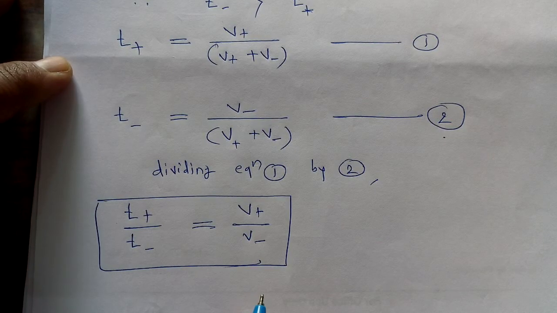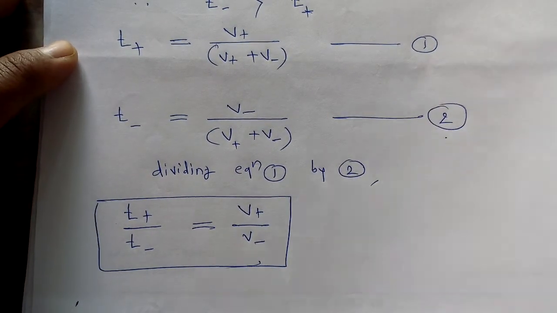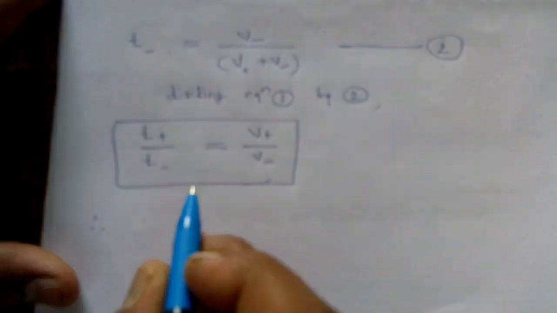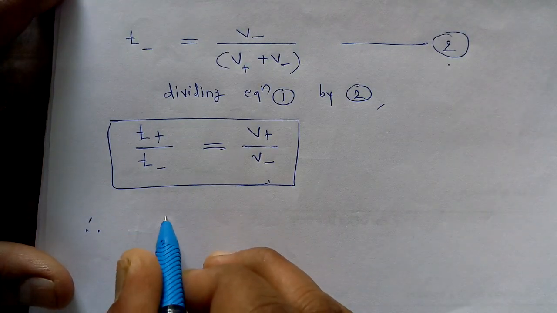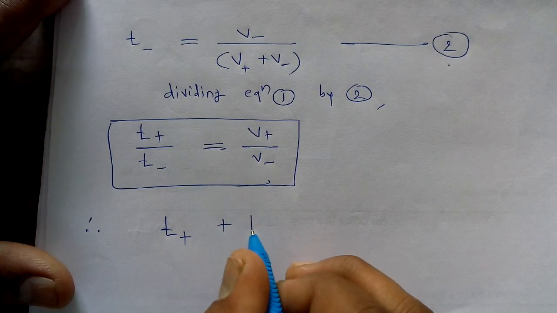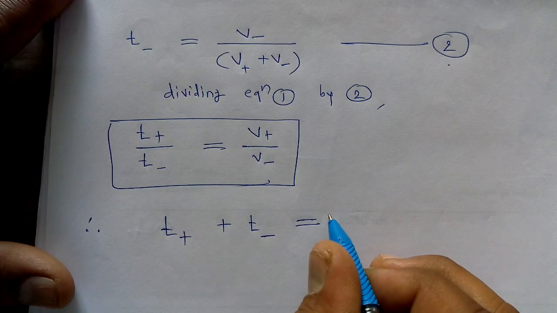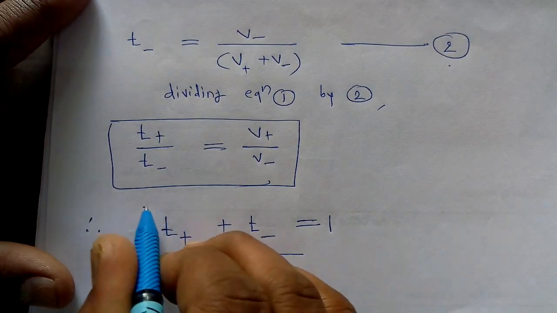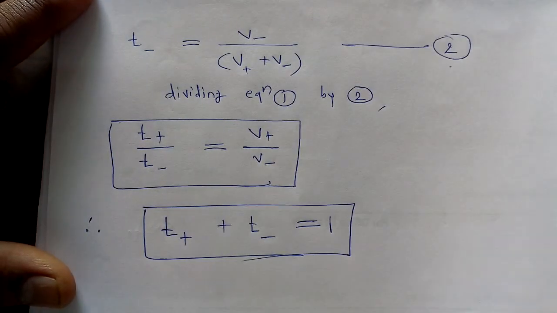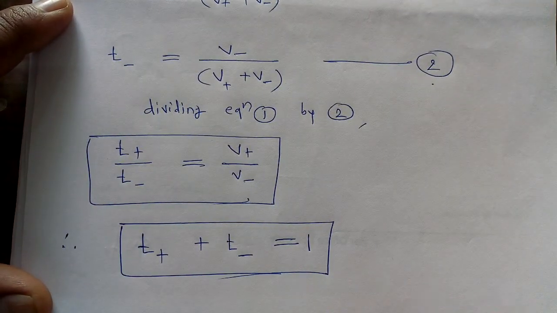So finally we can say that if we take the summation of the transport number of cation plus the transport number of anion, it is always equal to unity, that is, equal to 1.